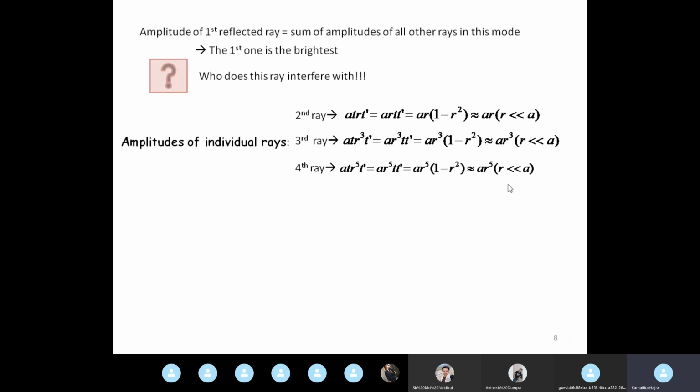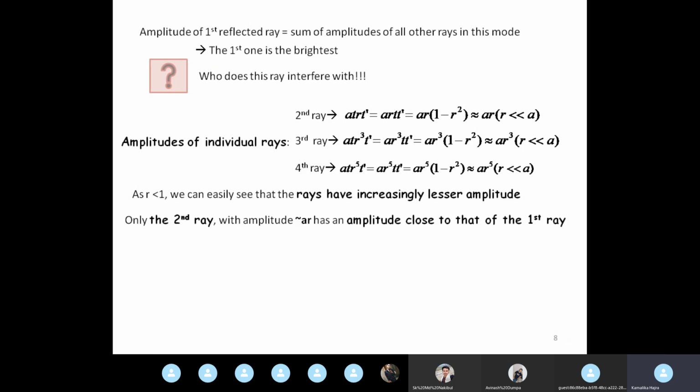And as R is a fraction, you can understand that as you go to higher powers of R, this value will fall faster than earlier. So the rays have increasingly lesser amplitude. Only the second ray, which has an amplitude AR, is close to that of the first ray in intensity.